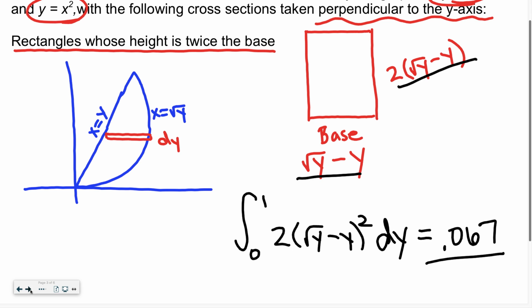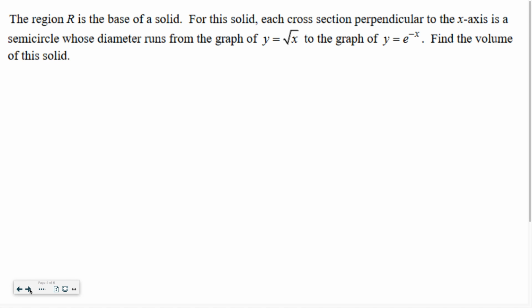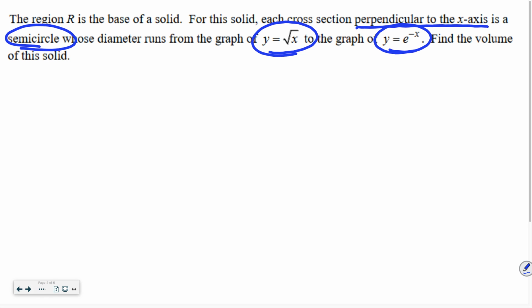So I want to look at a semicircle. We have semicircles whose diameter runs from y equals radical x to y equals e to the negative x, and we are perpendicular to the x-axis.